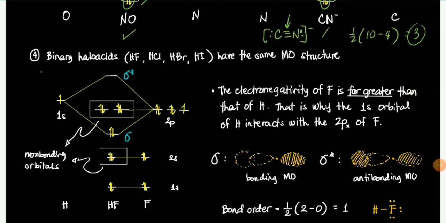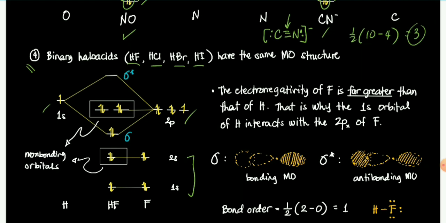So finally, for the binary halo acids like HF, HCl, HBr, and HI, okay, pare-pareho lang sila ng pattern pagdating sa molecular orbital structure. So for example, for HF, since sobrang electronegative ng fluorine compared sa hydrogen, hindi na nag-i-interact yung hydrogen 1s orbital sa s orbitals ng F. Nag-i-interact na siya sa p orbitals. Okay? Tsaka yung p orbitals kasi yung outermost shell ng ating fluorine.